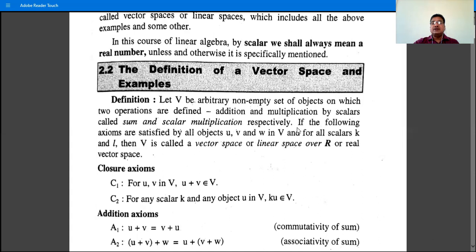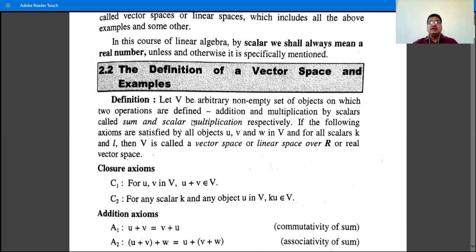And suppose u, v, w are in V, and k and l are scalars. Scalars means real numbers. Then V is called a vector space or linear space over R, or just a real vector space, if the following axioms are satisfied.